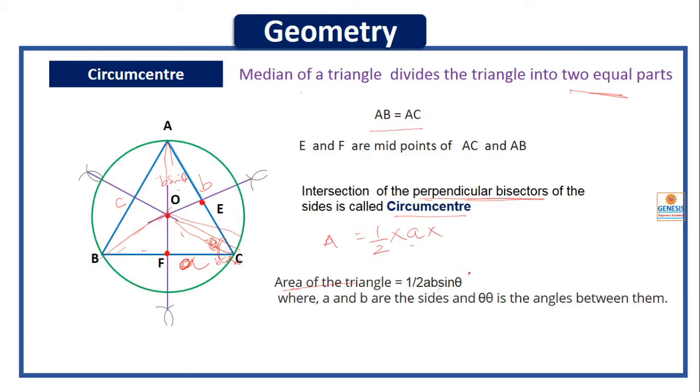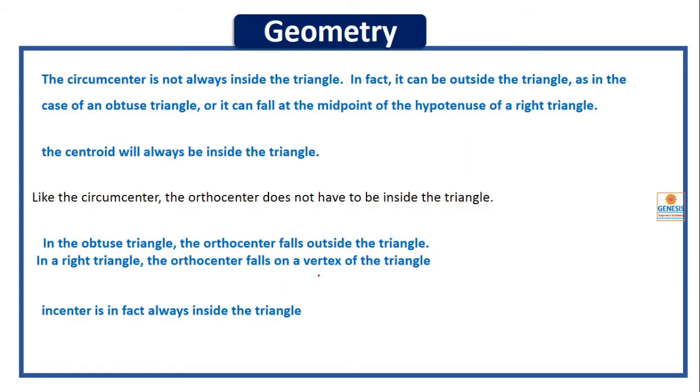So you can straight away use this for the area of the triangle. The basic formula for the area of a triangle is half into base into height. Using trigonometric relations or resolution of vectors, I have formed this formula. So this is about circumcentre.